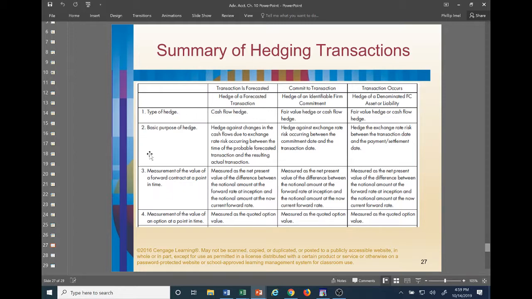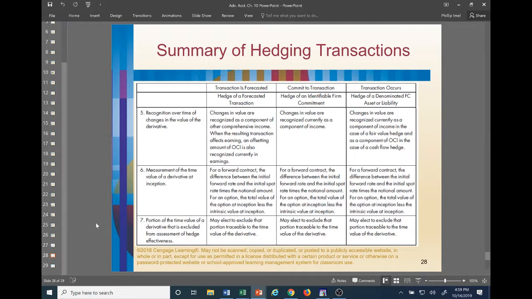It'll give you the type of the hedge, the basic purpose of the hedge, the measurement of the value of a forward contract at a point in time, the measurement of the value of an option at a point in time, the recognition over time of changes in the value of the derivative, the measurement of the time value of a derivative at inception, the portion of the time value of a derivative that is excluded from the assessment of the hedge effectiveness.